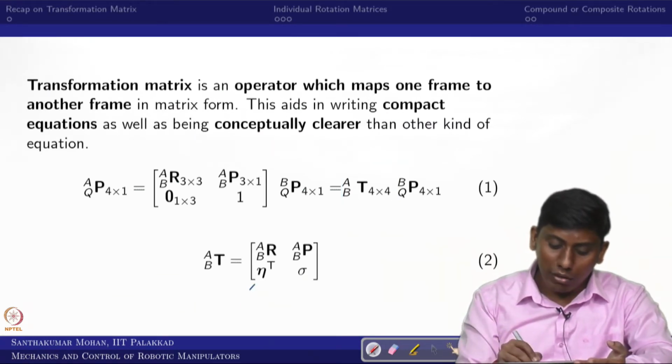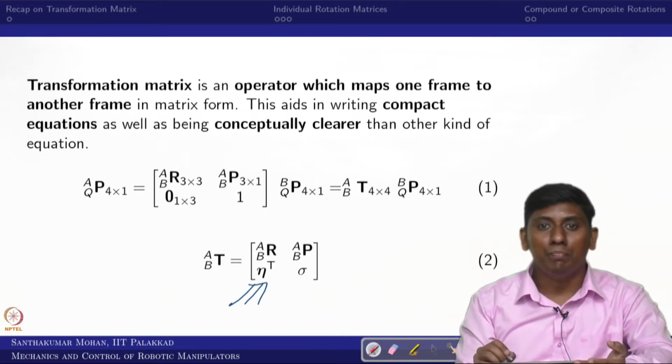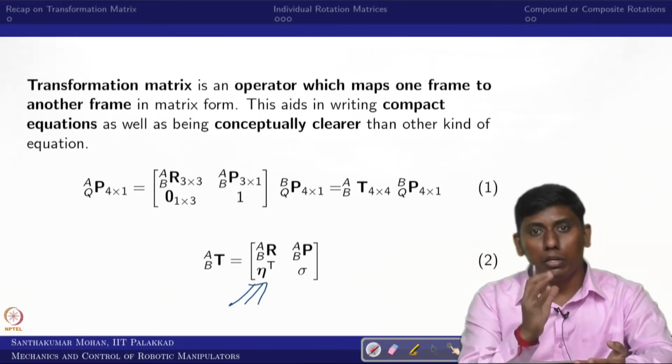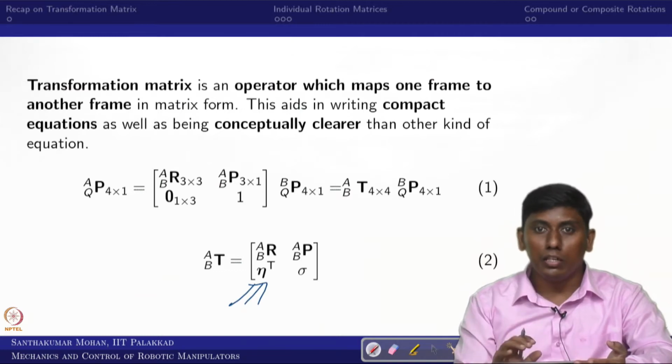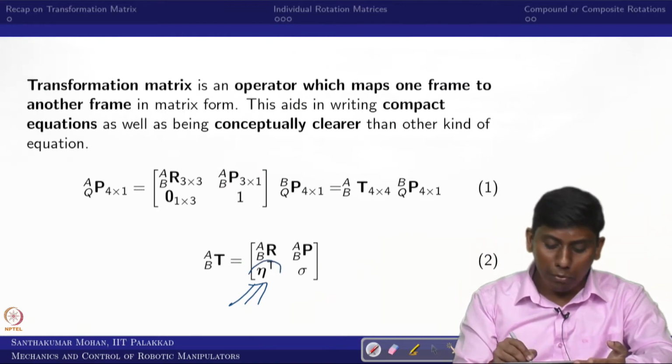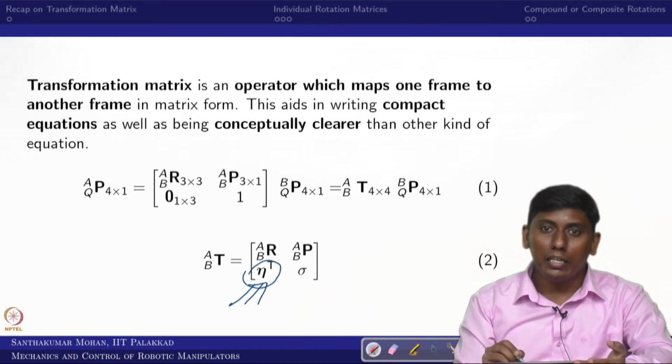Even then, as we said, the perspective vector will come when you are looking at the position in a different view rather than an orthographic projection or orthographic view. In reality most cameras have perspective, so the perspective vector will come.